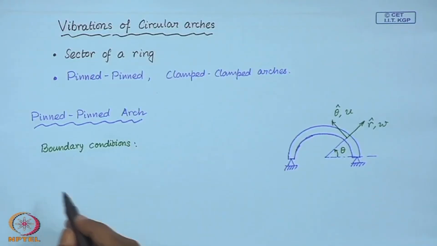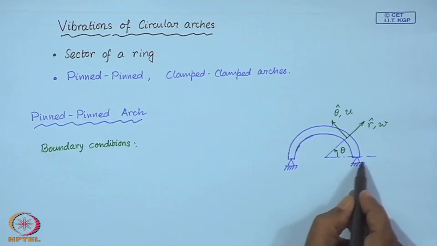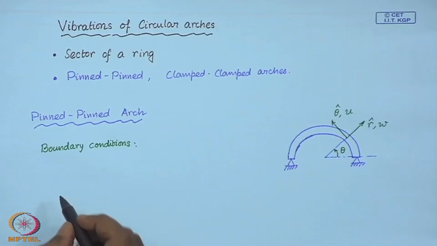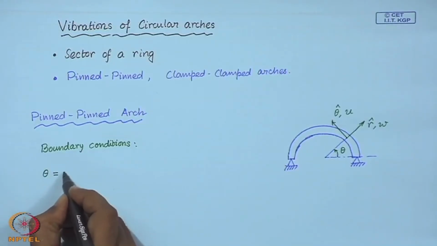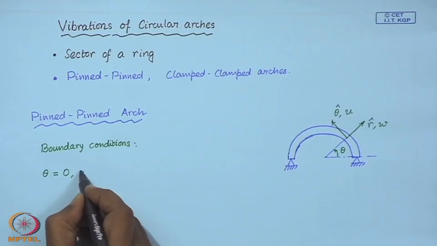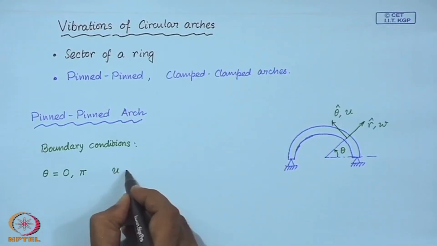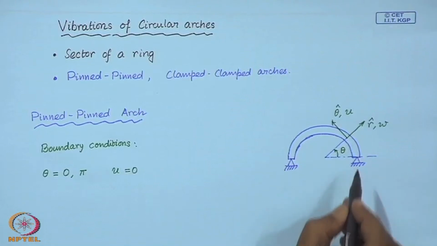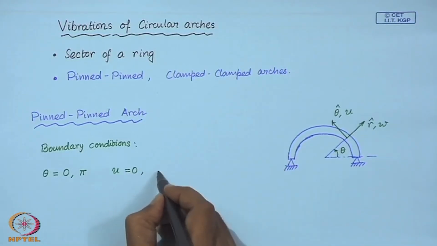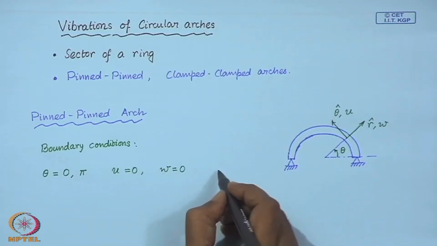Now, if you look back on the discussions we had on the boundary conditions of the curved beams, then at theta equal to 0 and theta equal to pi, we must have u equal to 0, which is the circumferential motion, and w equal to 0, and we also must have zero moment.